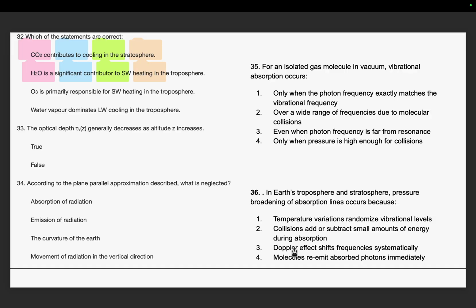Water vapor dominates longwave cooling in the troposphere. CO2, H2O, O3, none of these are coolants. Which of the statements are correct? Option 4.